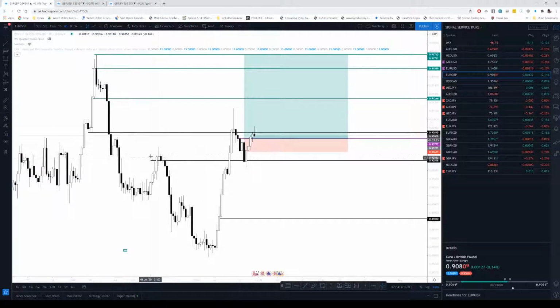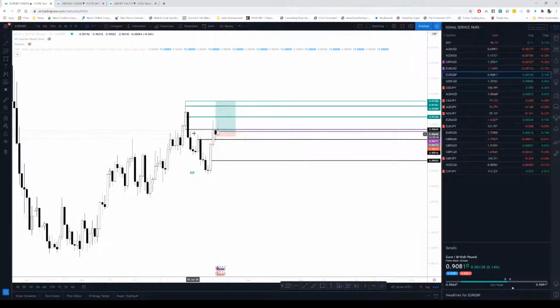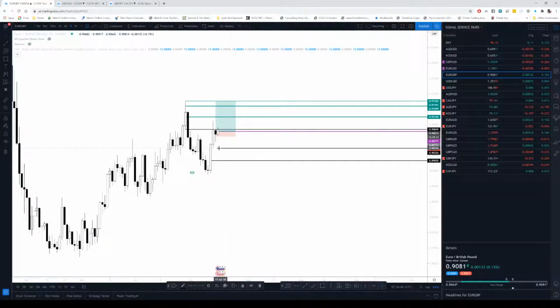Because we are bullish. Okay, we've traded above a swing high on the daily time frame. So for me to be bearish right now, they need to come back down below this low. Let's remove this, it's served its purpose.